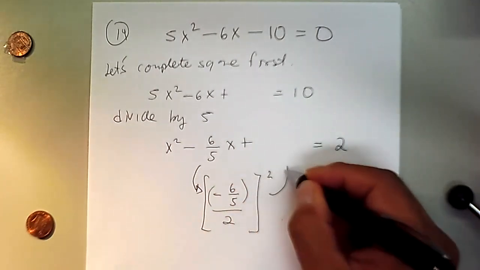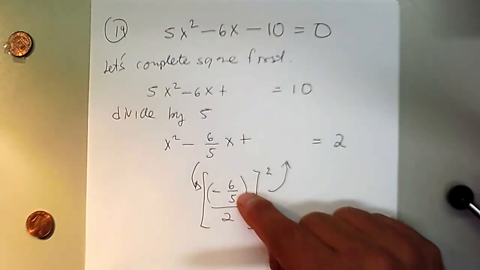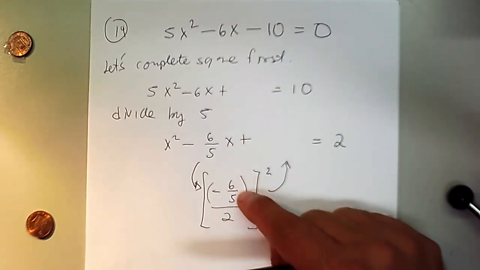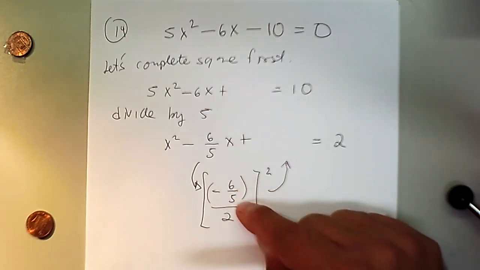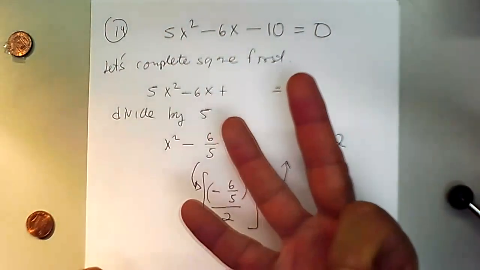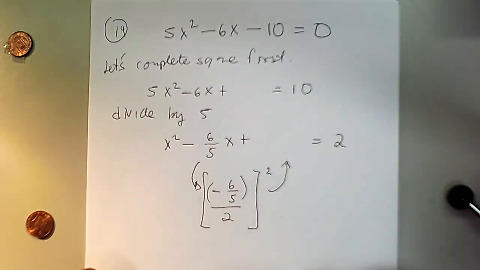If we have 6/5, and we're going to take half of that, now let's think about that. 6/5, half of that is 3/5. Again, if we got 6 and you take half of that, now we end up with 3. So we have 3/5 negative, but we're going to square.